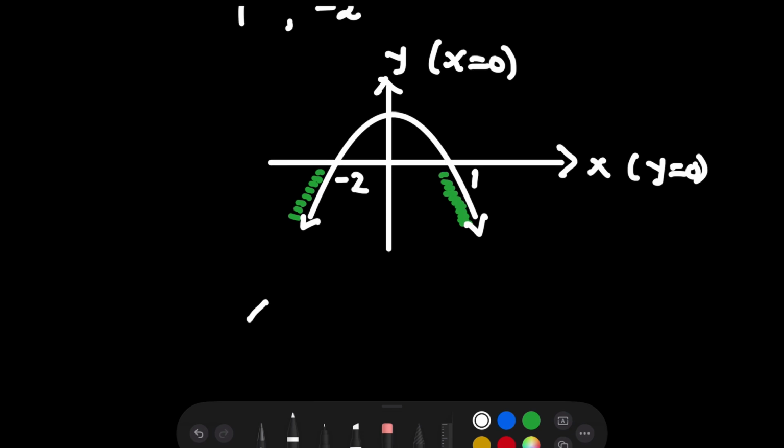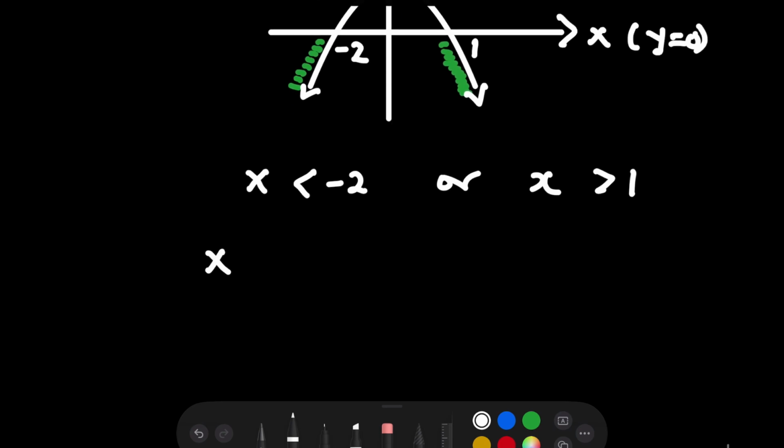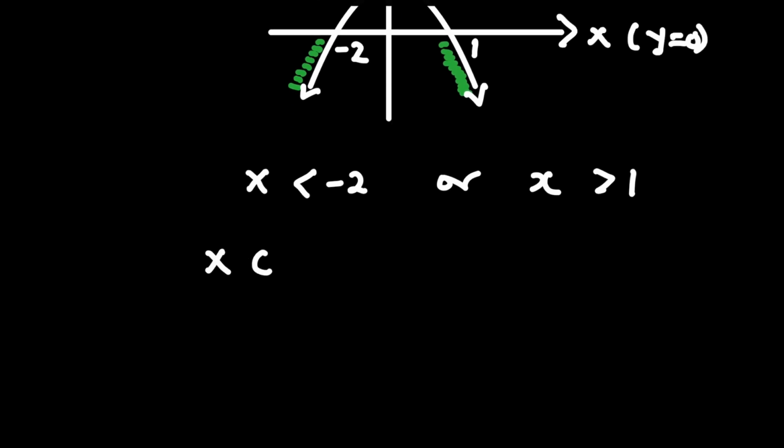So when x is less than minus 2 or x is greater than 1, let's express that using interval notation. This weird looking e here just means an element of, or a member of. So minus infinity to minus 2, with round brackets, union with 1 to positive infinity.